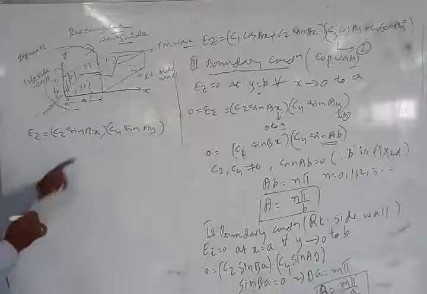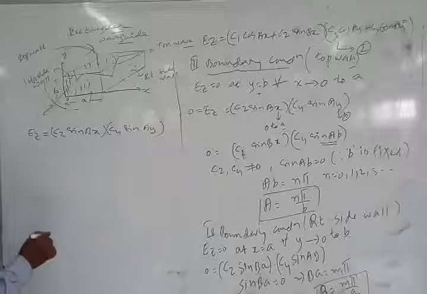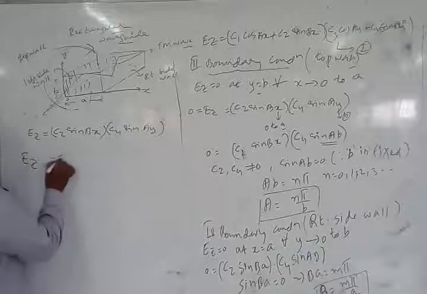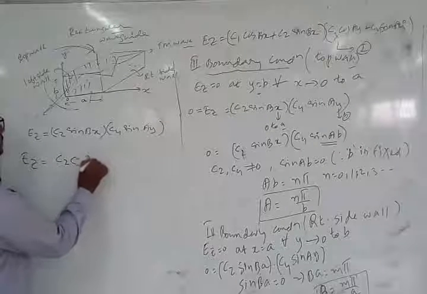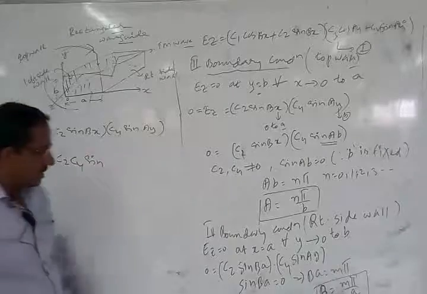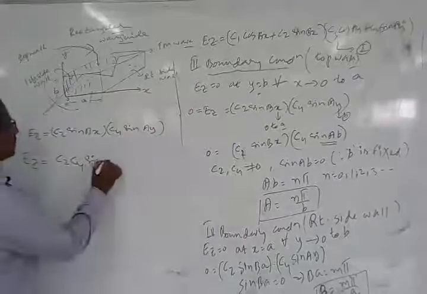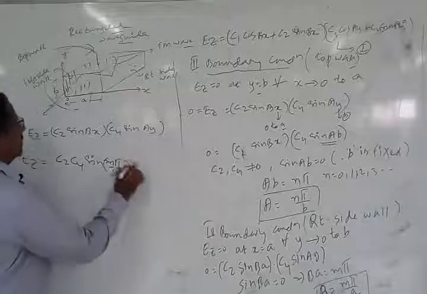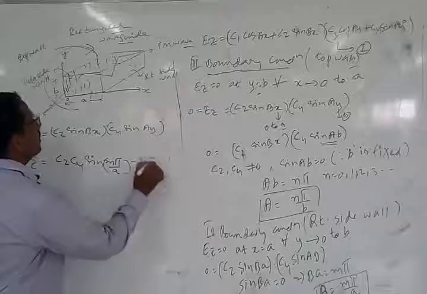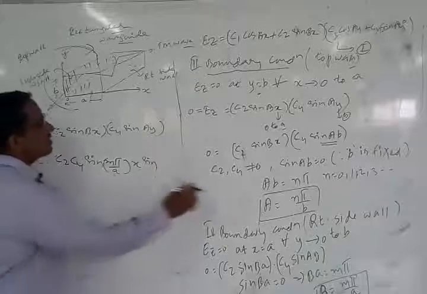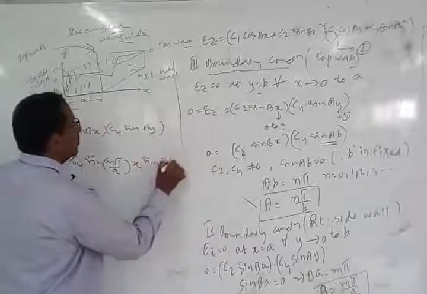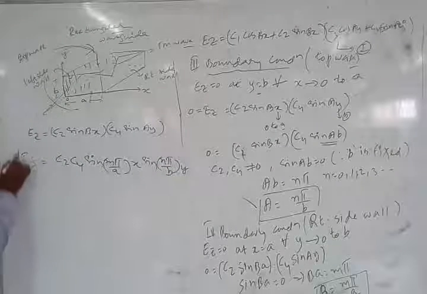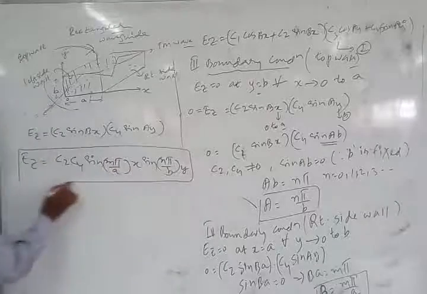Then I got the values for B and A. So the Ez component is equal to C2 C4 sin, B is equal to m pi by a, so m pi by a into x. Then sin, A is n pi by b, so n pi by b into y. So this is the expression for the electric field that we have got.